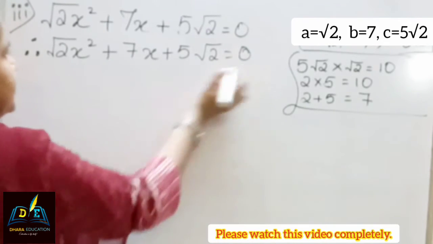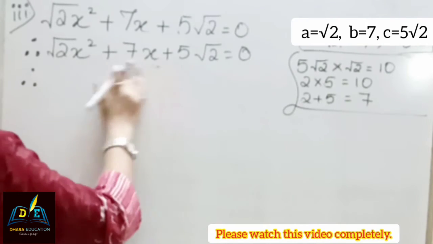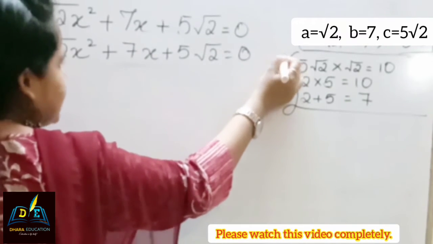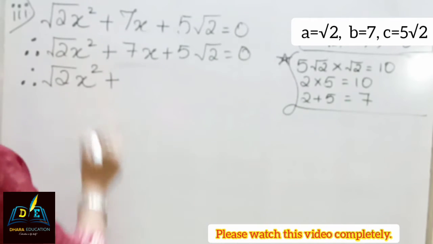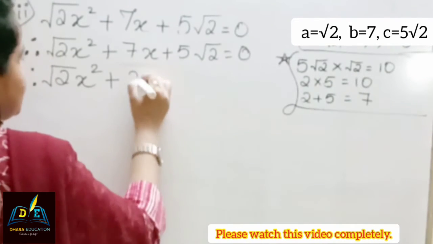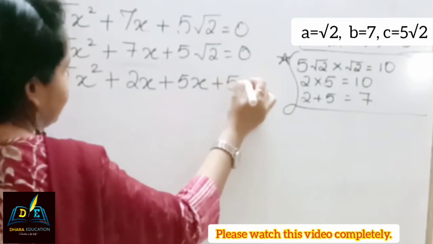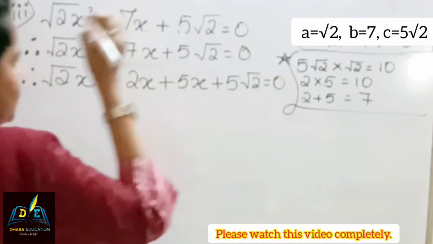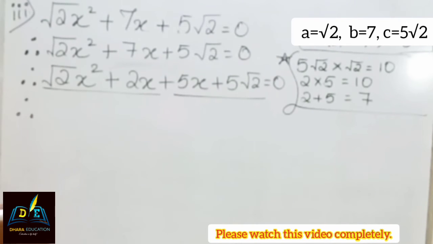Now, what will be the next step? To split this particular term, correct? So we are going to split. I have already written here, as you can see, root 2x square plus 2x plus 5x plus 5 root 2 is equal to 0. By pairing this, now we need to take the common factor.